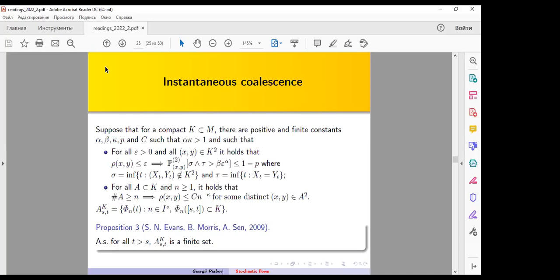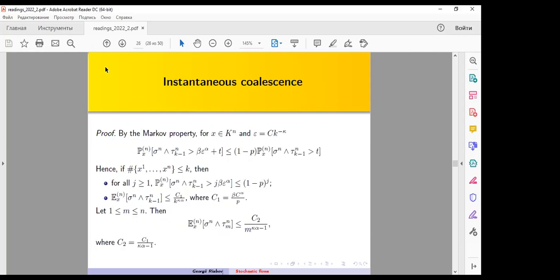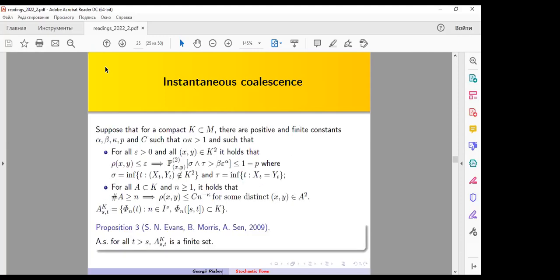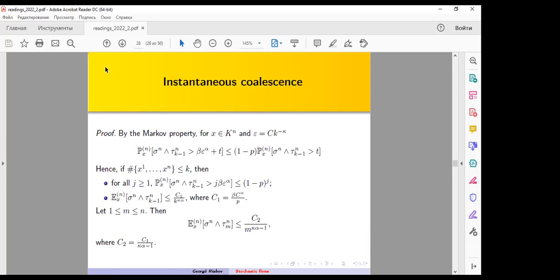Denote by A_{s,t}^K the set of values at time t of trajectories that during time s to t were in K. Then this set A is almost surely a finite set. How can this be proved?